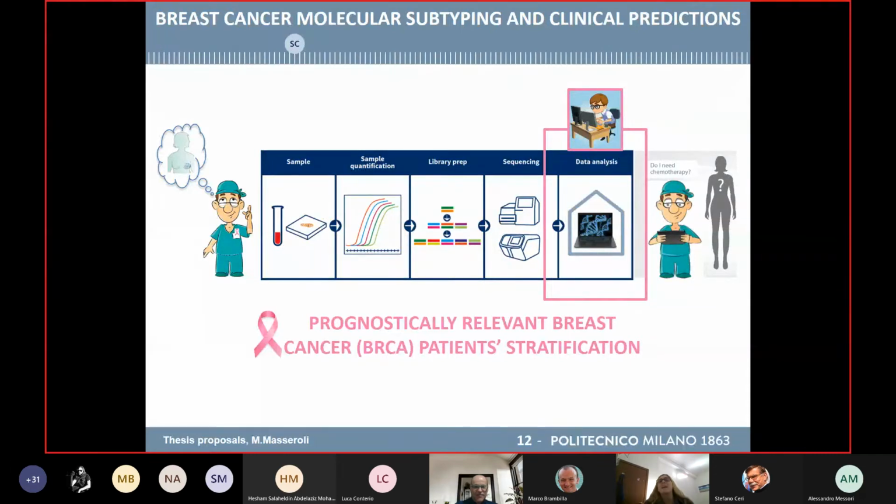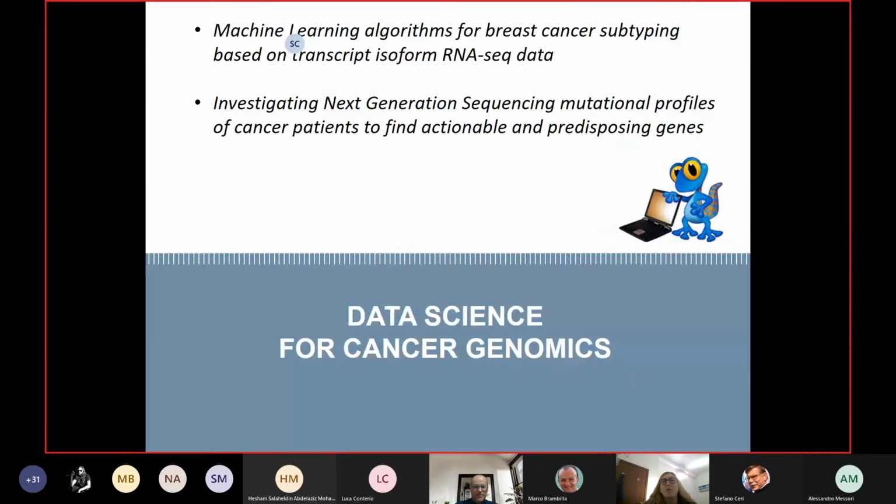Anyway, as Marco told you, almost 3 years ago, I graduated with a thesis on this area, and so I had the opportunity of applying data science and machine learning approaches working on oncogenomics data. So I found it really fascinating, and also because these are two fields that I think are really interesting from my point of view.